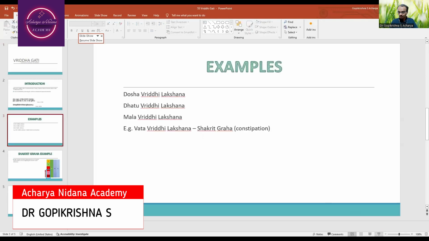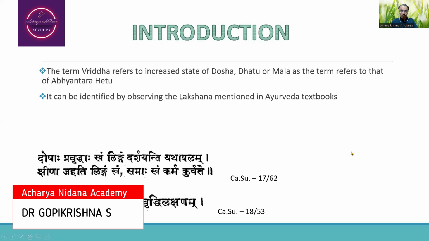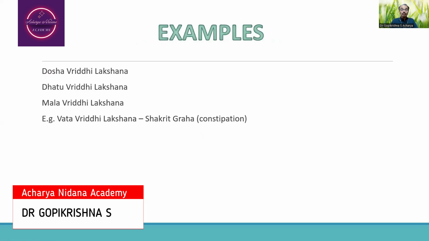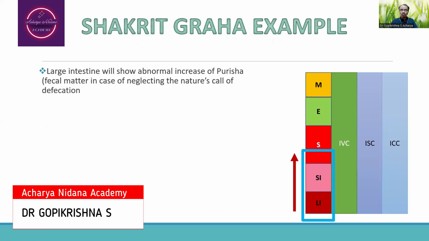For example, let us take the example of Shakrit Graha or constipation. This can occur either due to voluntary suppression or due to some other disease conditions.